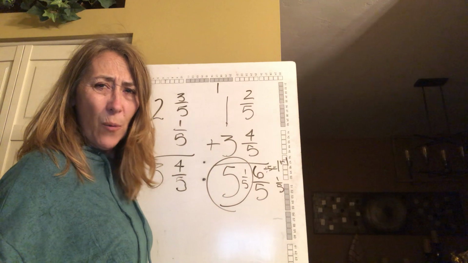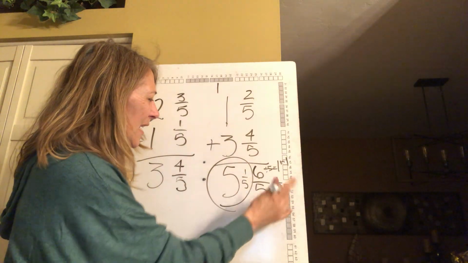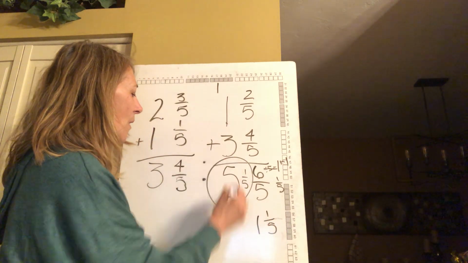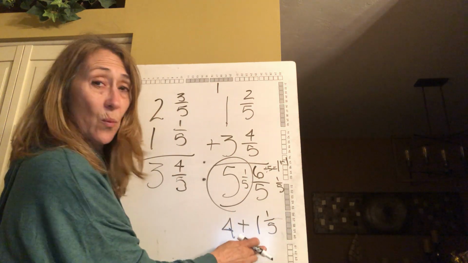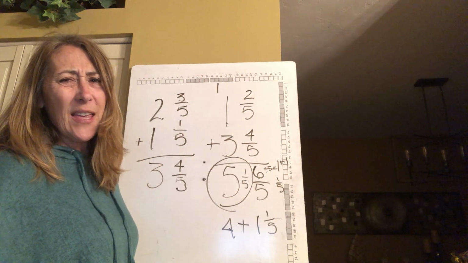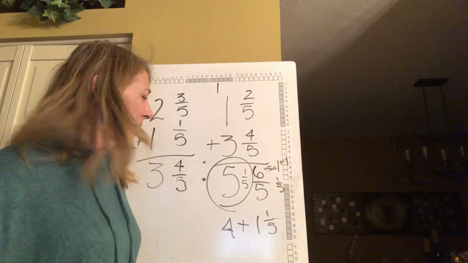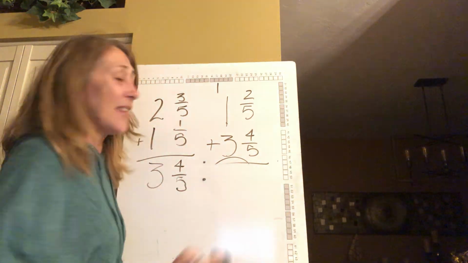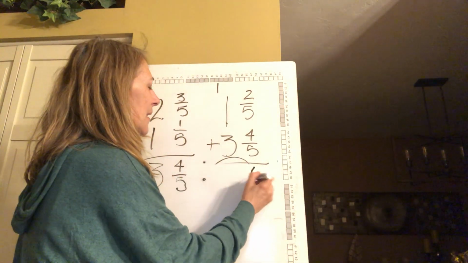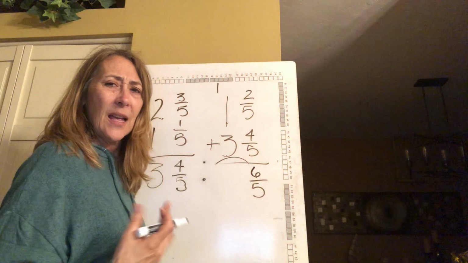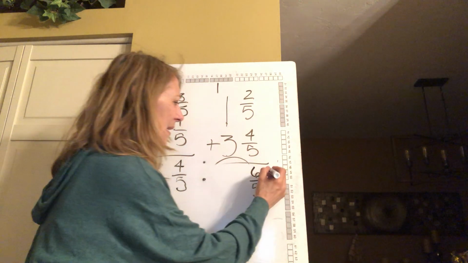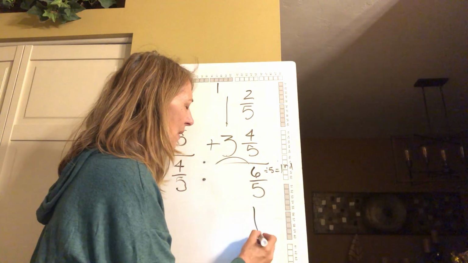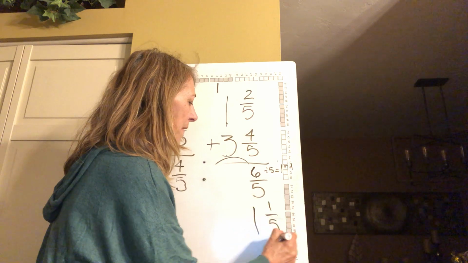We can do it that way. Or 6/5 is 1 1/5. And I could do 4 plus 1 1/5. I'm going to show you that way again. Maybe we'll start the easier way and then get a little bit harder. So if I were to go back that way and I have 6/5, I know 6 divided by 5 equals 1, remainder 1. 6/5 is 1 1/5.